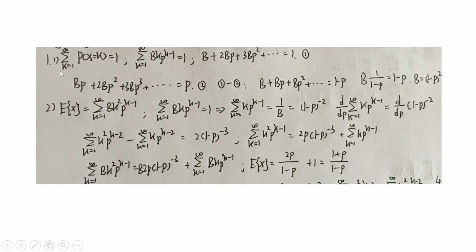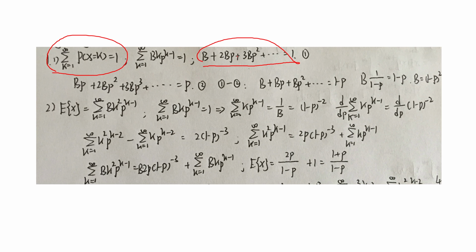As I said before, the sum of the probabilities of all the different possible outcomes is equal to 1, which gives us this equation. Apparently this is a geometric sequence, and it's a little bit hard to solve directly.